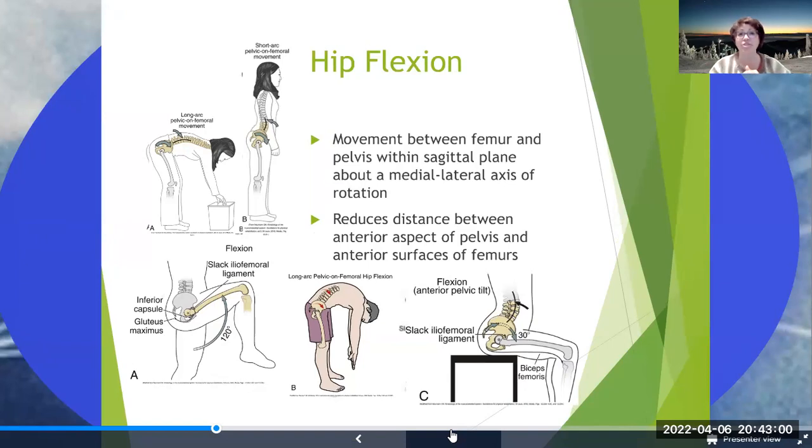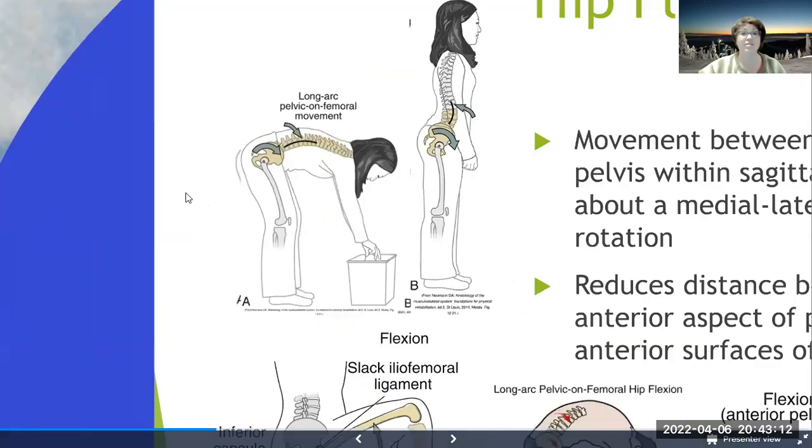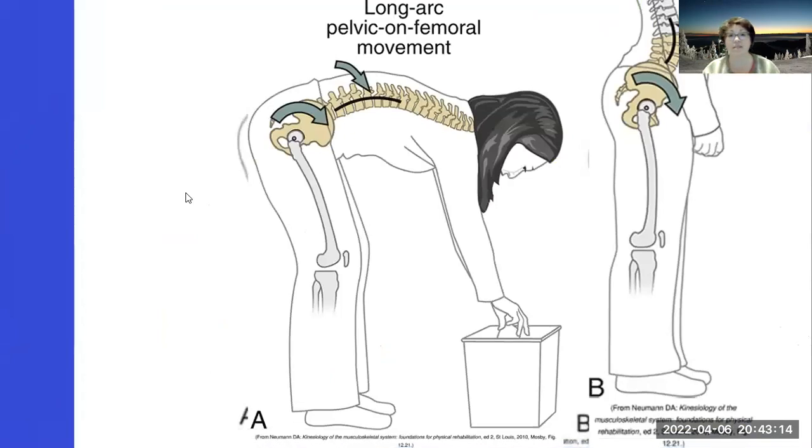Hip flexion reduces the distance between the anterior aspect of the pelvis and the anterior surface of the femur. So bending down to touch your toes or bending down to pick something up, that is a long arc, pelvic on femoral, closed chain hip flexion.